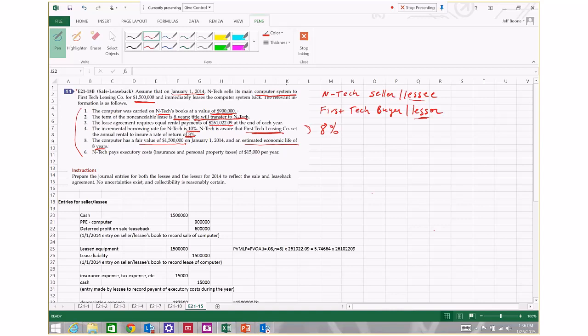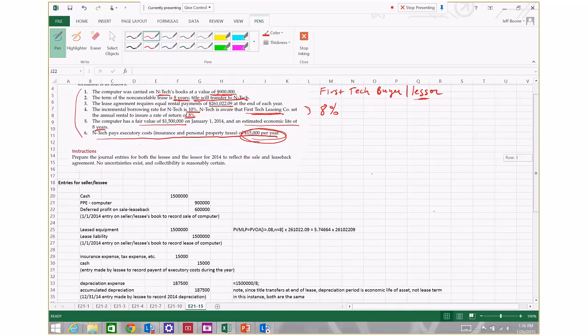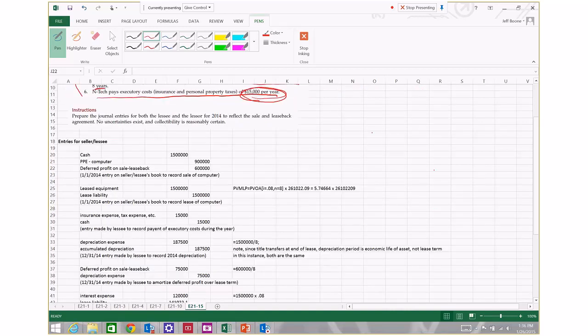And we're told here that Intech pays executory cost of $15,000 per year. Those $15,000 of executory cost are not included in the rental payment of $261,022.09. They don't explicitly tell you that, but you have to kind of infer it.